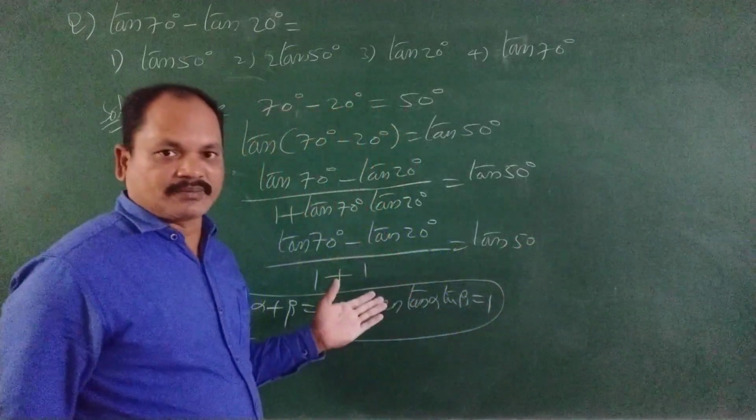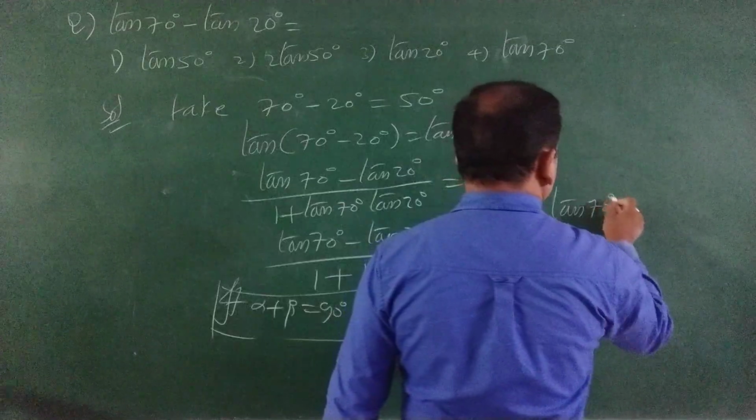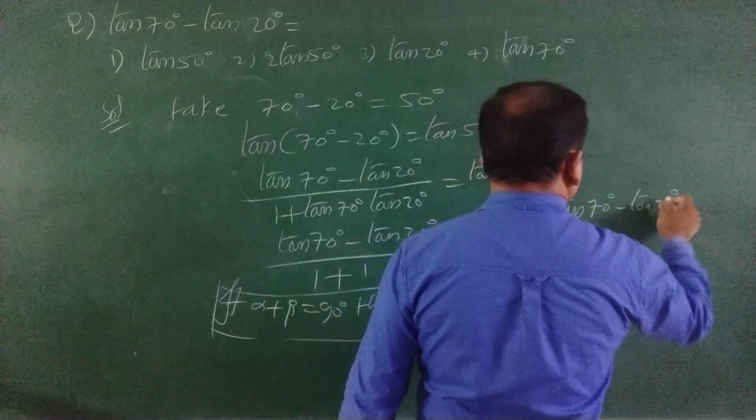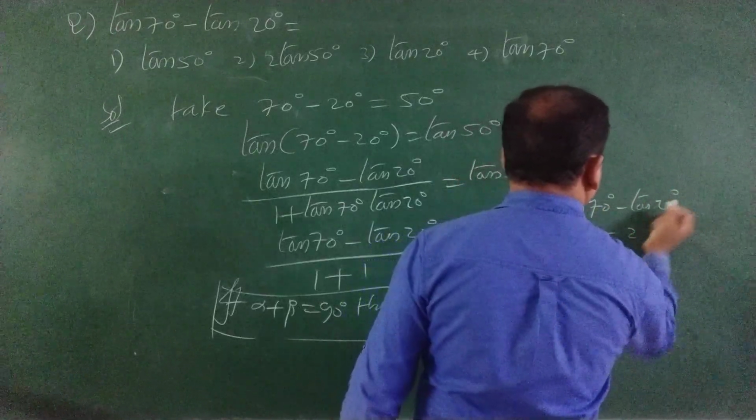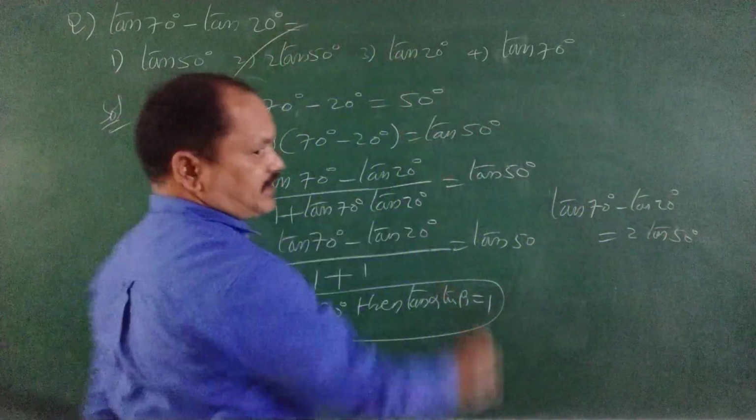By cross multiplication, tan 70 degrees minus tan 20 degrees is equal to 2 tan 50 degrees. That's why the second option is the right answer.